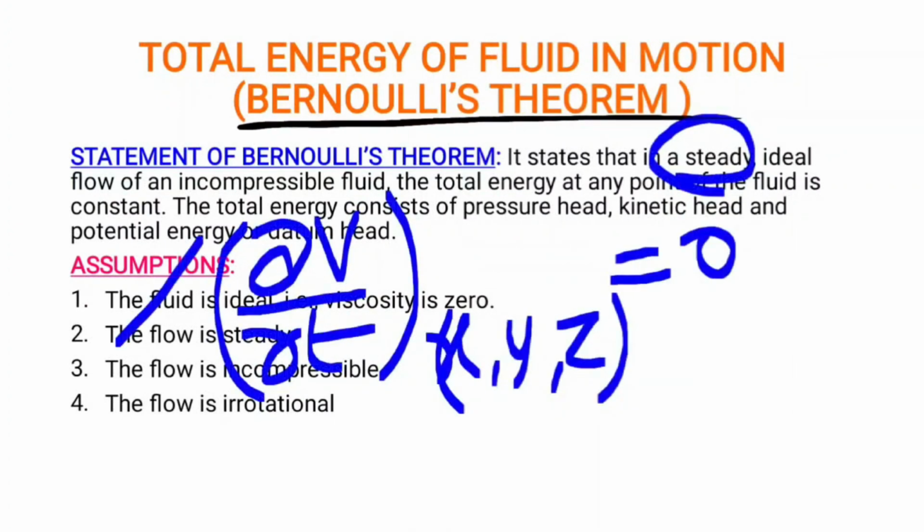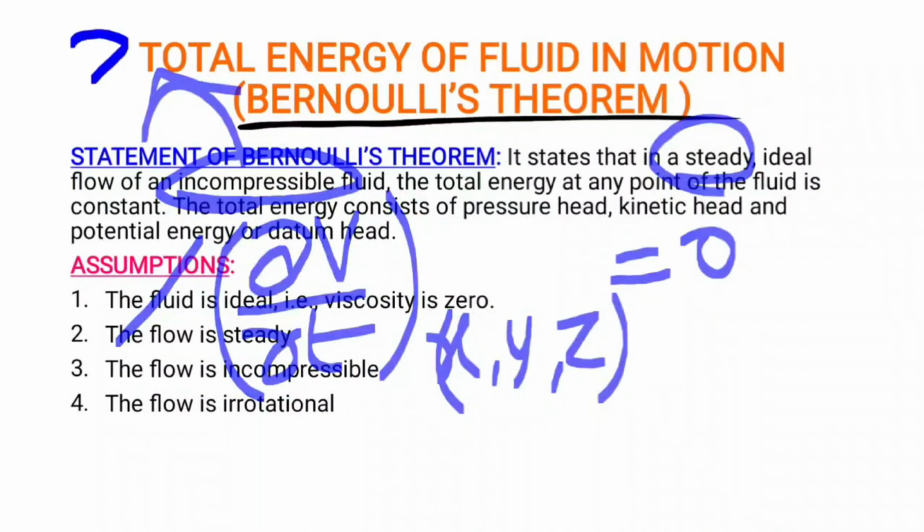This is called steady flow. Ideal flow refers to viscosity is 0, that is frictionless. Incompressible fluid means the density is constant.